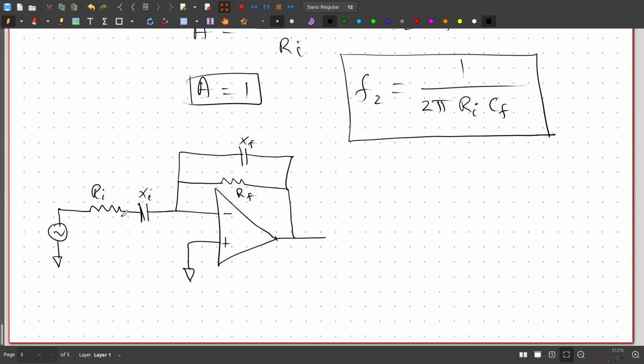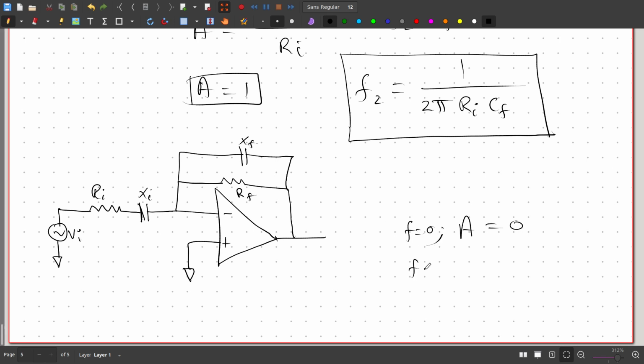So at very low frequency, this is more or less an open circuit. Therefore no input signal is fed into the op-amp. As a result, the gain is 0. Gain is 0 at f equal to 0.